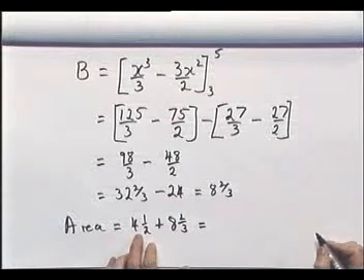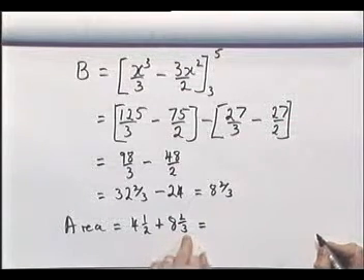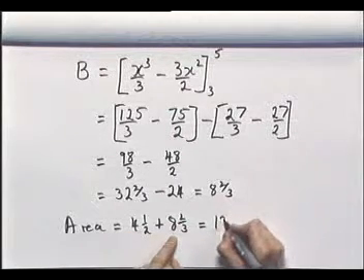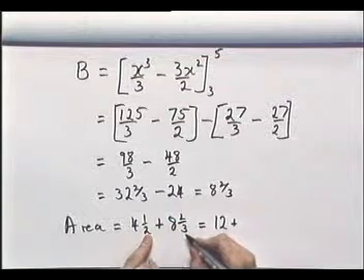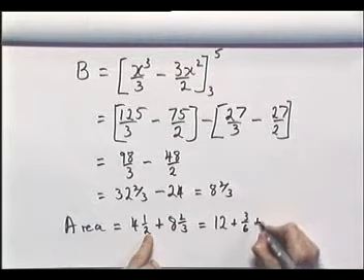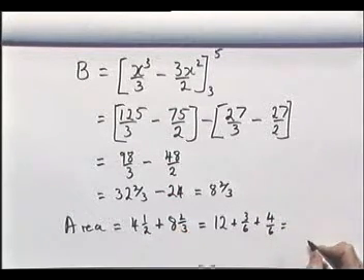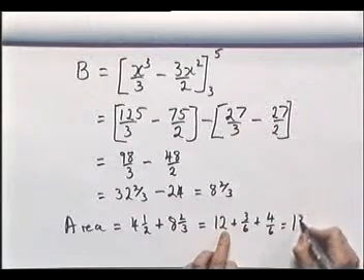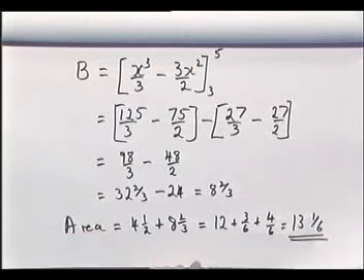Now, if I want to add 1/2 and 2/3 together, then they've really got to be in terms of the same denominator. So the 4 and the 8 gives me 12 plus 1/2. Now the denominator is going to be 6, so that's 3/6 plus 4/6, which is what the 2/3 is equal to. I've got 7/6 here, which is 1 and a 6. That's 13 and a 6 is the actual value of my area.